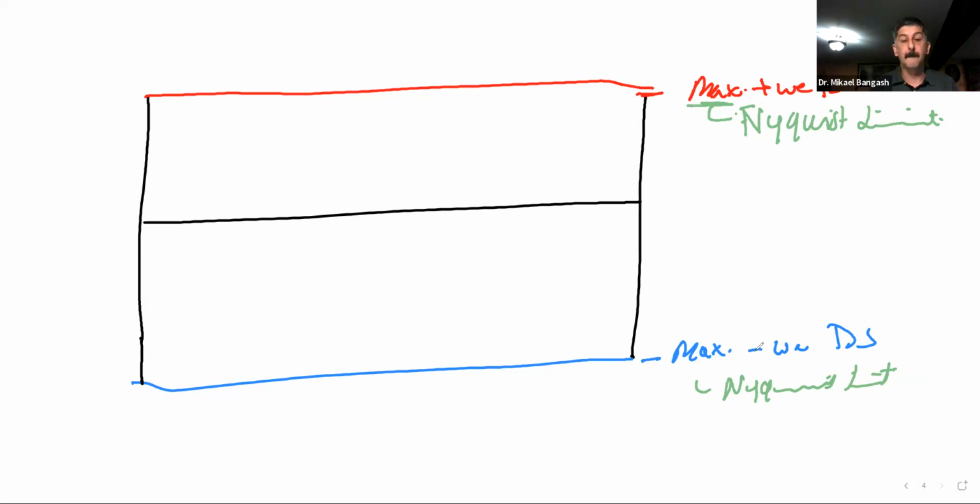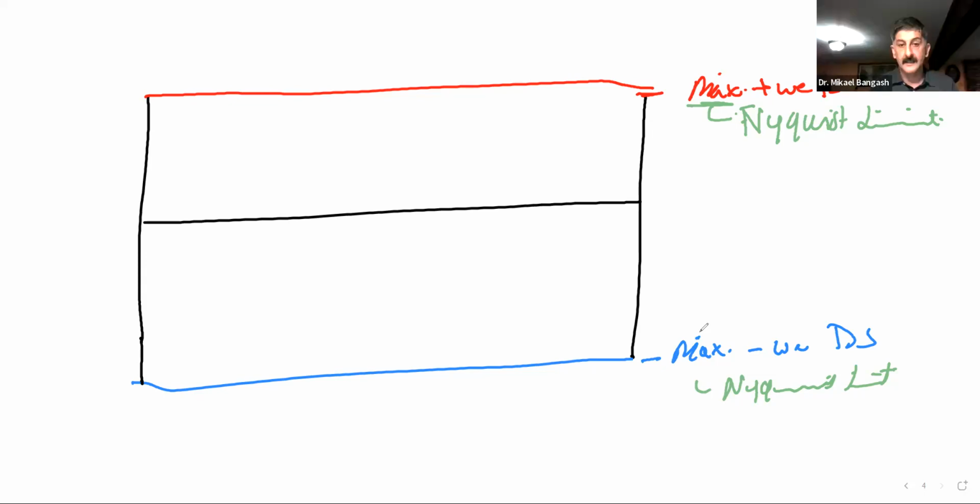Clear? This value here could be anything numerically. This value here could be anything. They could be the same, they could be different. And why is it that we will make them different? We will talk about that in just a little bit.